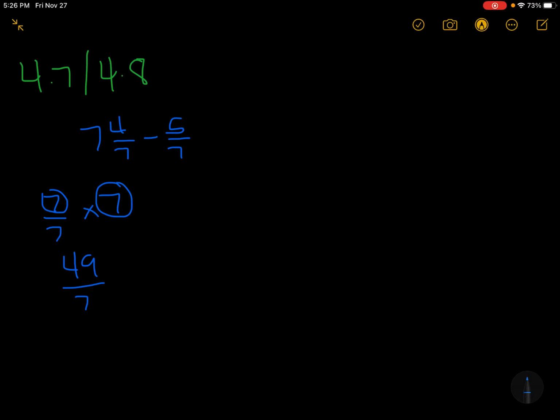Now I have 4/7 left over. I've changed the whole 7 into an improper fraction, and I'm going to add in my 4/7 that are left over. All right, and that would be 53 over 7. Now we can look at subtracting.